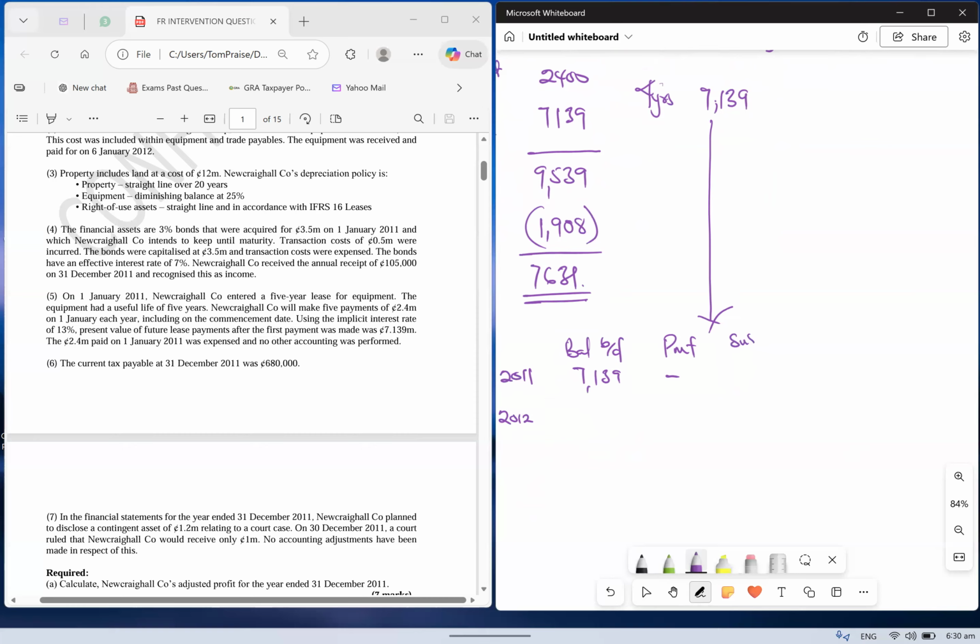So you bring your subtotal. That's how we do lease in advance. Then the interest will now come. What is the effective rate? 13%, right? So do your 13%. 928.